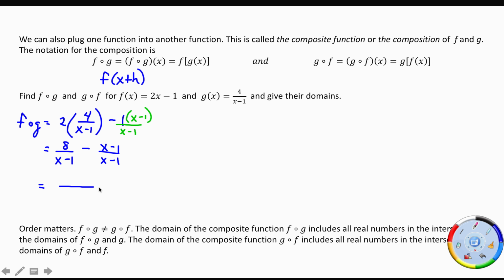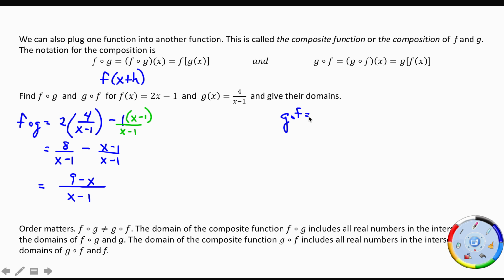Once the denominator's the same, it stays the same, and I just have 8 minus x, and don't forget that's a minus minus 1, so 9 minus x. Okay, that's f of g.